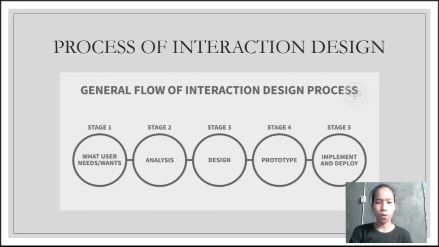And stage 4, we need to start the prototyping, or the system prototype, that gives users an idea of what the product will look like and lets them test it. And lastly, stage 5, we implement and deploy what you have built, or the system deployment.